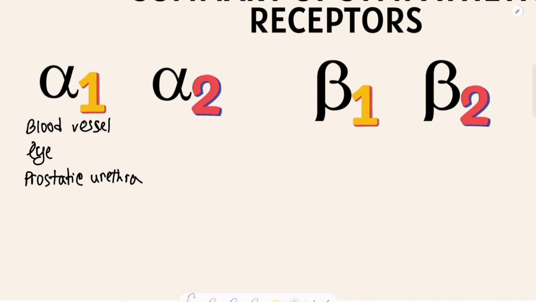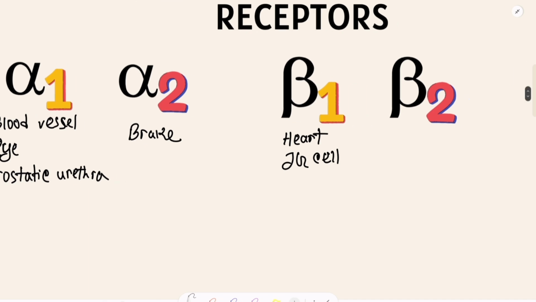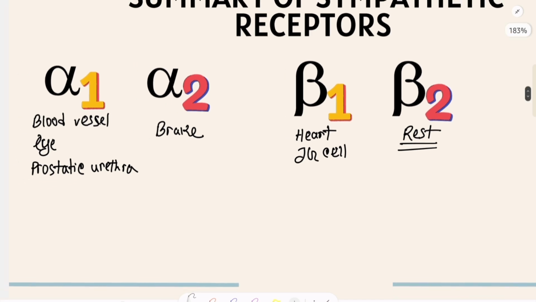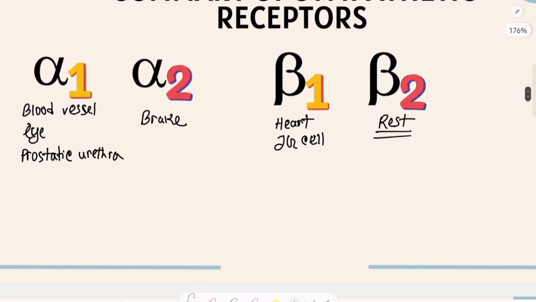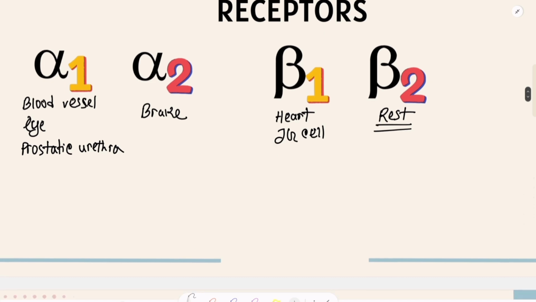The alpha 2 receptor mainly acts as a brake. The beta 1 receptor is located at the heart and juxtaglomerular cells of the kidney, and in all other locations the beta 2 receptor is located. With this basic understanding, we can now discuss the drugs acting on these receptors.